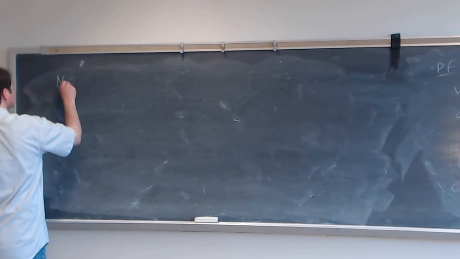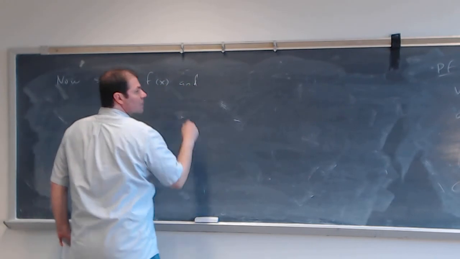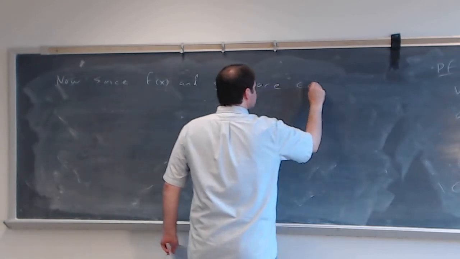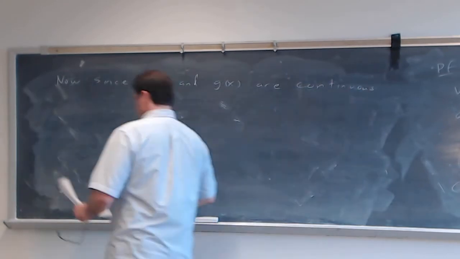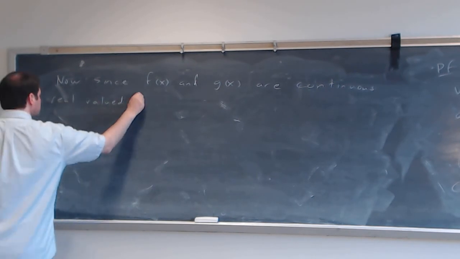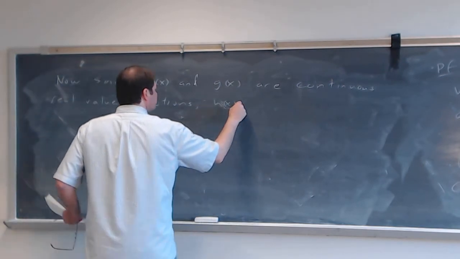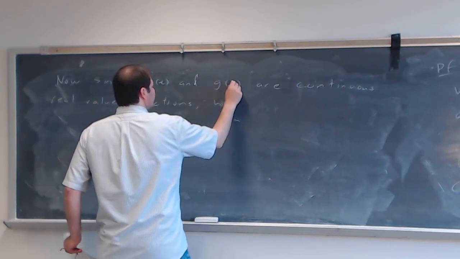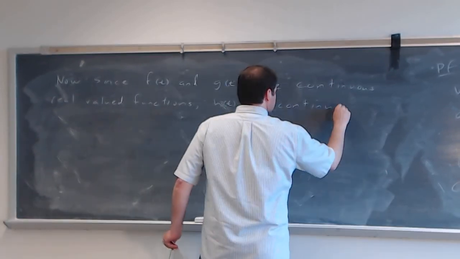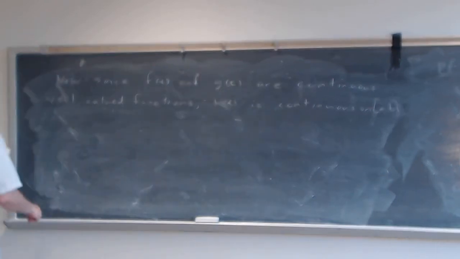Now, since f and g are continuous real valued functions, h of t is continuous on a to b.